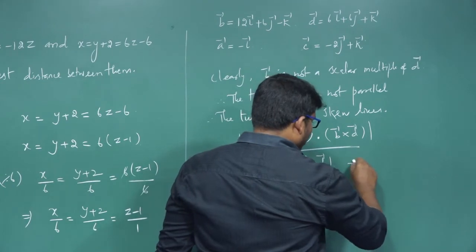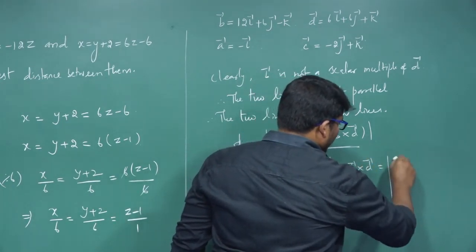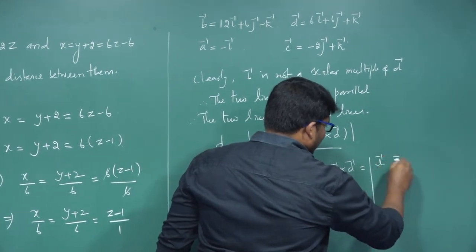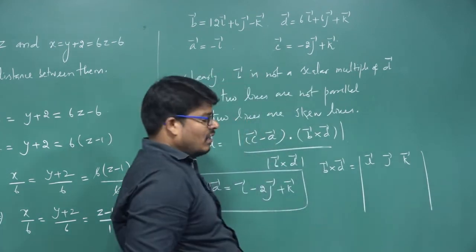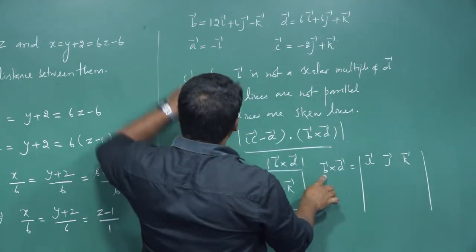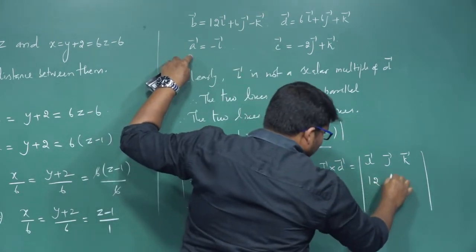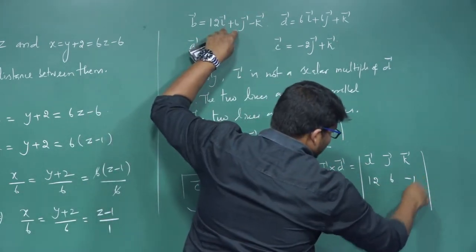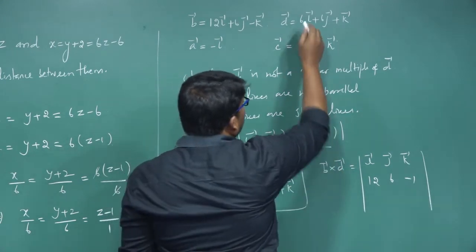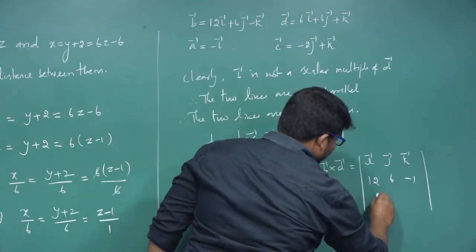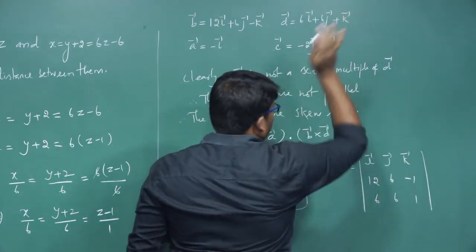Now find B vector cross D vector using the determinant form, with i vector, j vector and k vector. First write the components of B: 12, 6, minus 1. Next, D is 6, 6, 1.